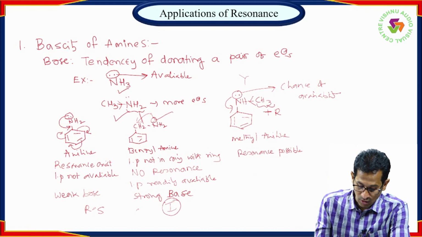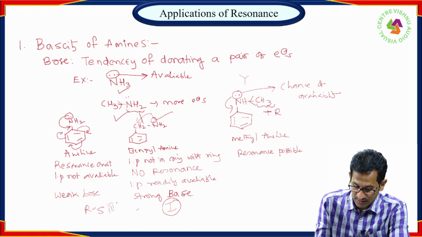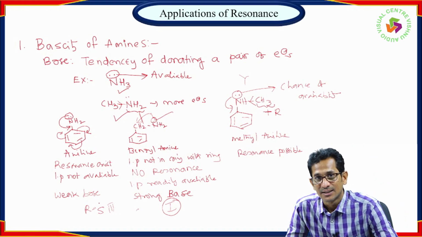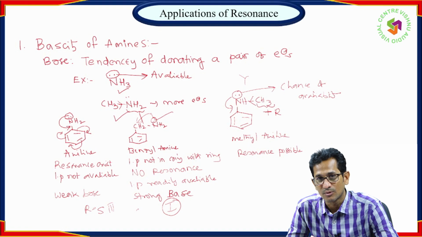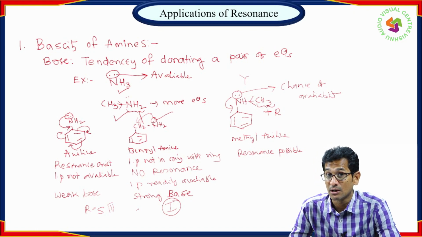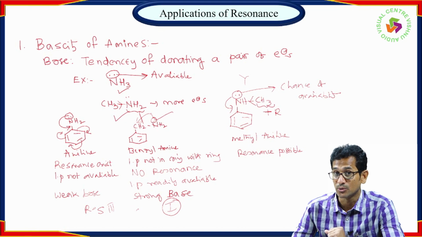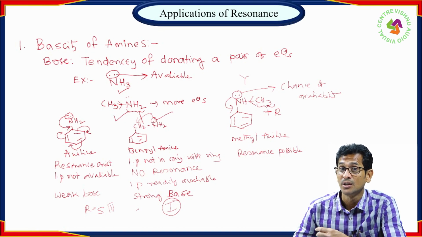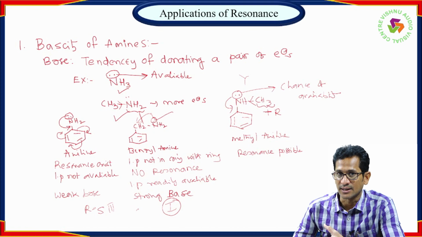This is the last rank because in the second and the third case, resonance is possible in both, but in the third case we additionally have an electron donating group. Therefore, there is a chance of availability of free electrons to donate.